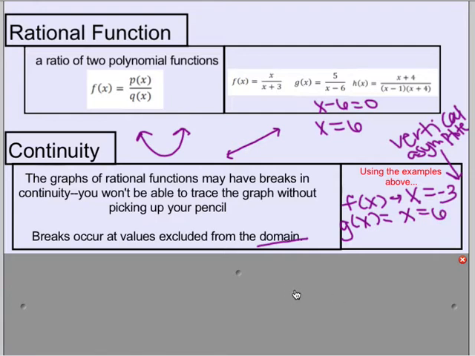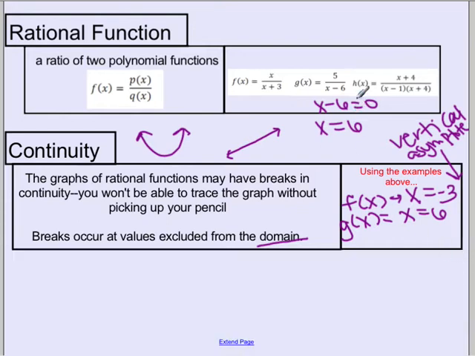Then if I look at my last example, h of x, I'm going to write it down here. You should have room, hopefully, on your note sheet. If I look at my numerator and my denominator, those x plus 4s will cancel. If something like that cancels, there's what we call a hole in the graph, or a break in the graph.